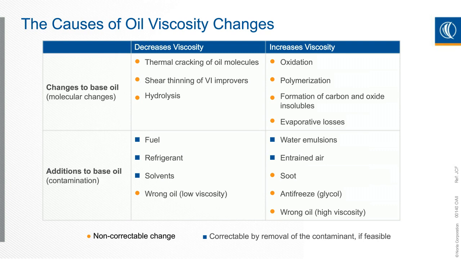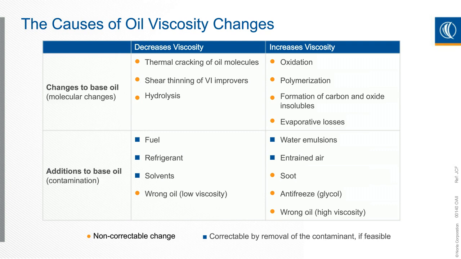What will affect the viscosity going up or down could be a change in the base oil itself, so a molecular change. Something is changing chemically to the base oil to cause it to increase or decrease the viscosity. Or something could be happening where there's an addition to the oil, contamination, for example. So some things may be correctable, as you're seeing with the green squares here, and some things are more permanent, non-correctable change.